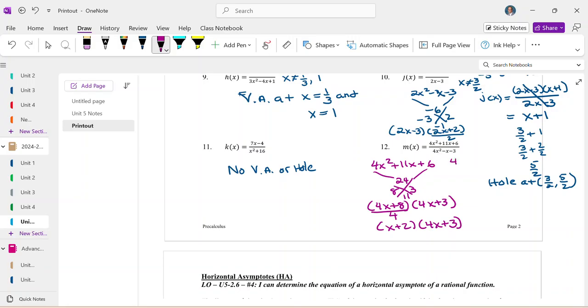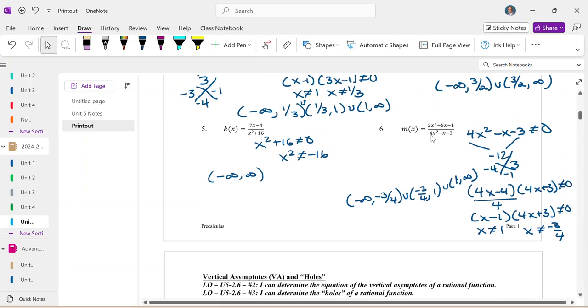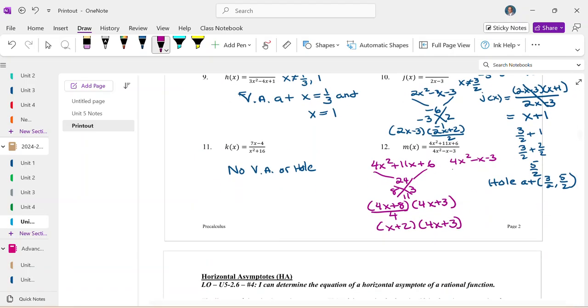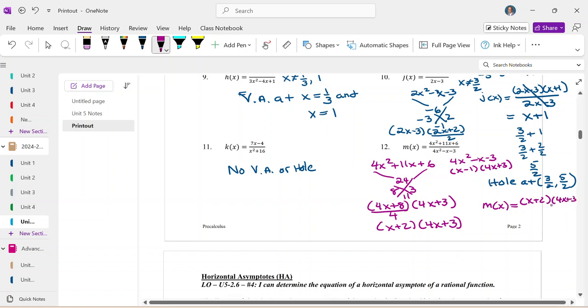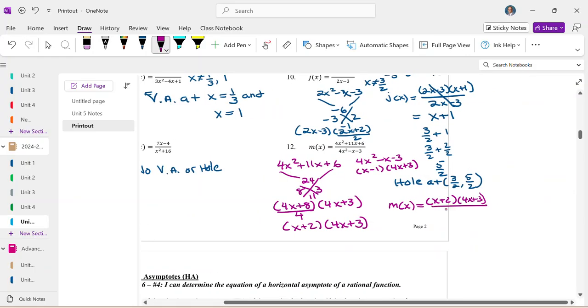Then here, 4x squared minus x minus 3. If you go back up to here, we factored this to x minus 1 and 4x plus 3. So when we look at this, m of x is equal to x plus 2 times 4x plus 3 over x minus 1 times 4x plus 3.